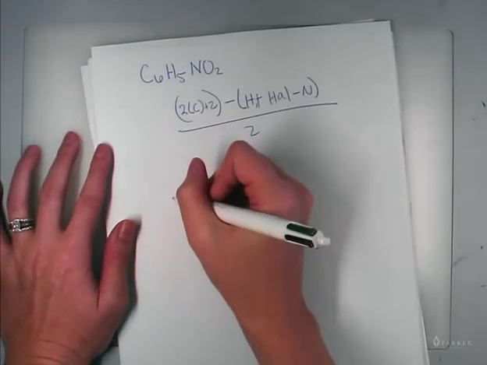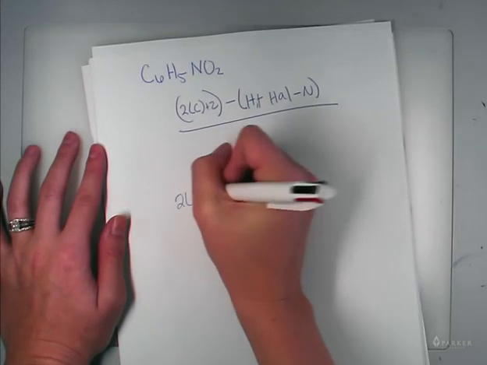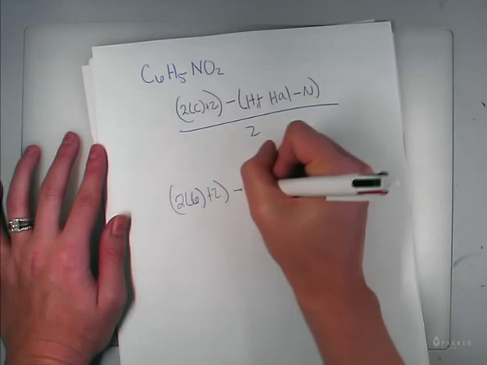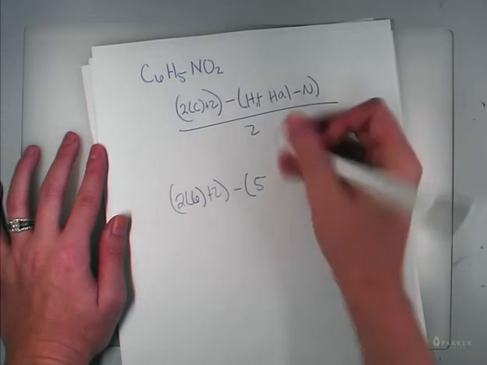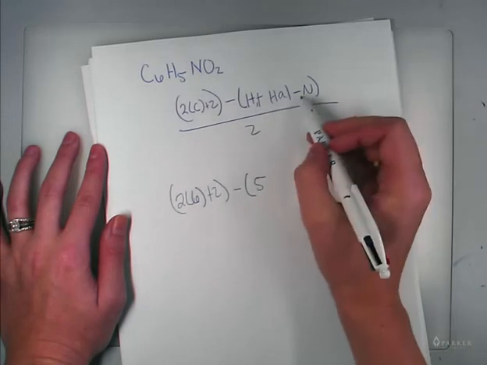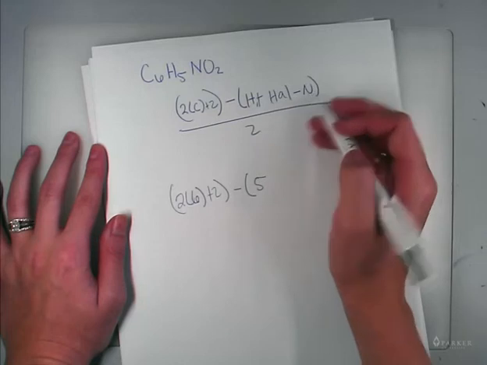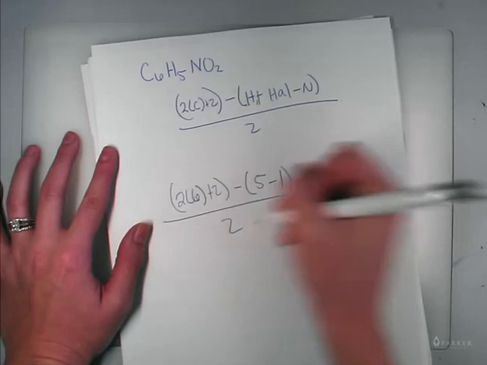Okay, so I'm going to plug this in. I have 2 times what? 6 plus 2 minus what? 5. Any halogens? Nitrogen? 1, so minus 1. All divided by 2.